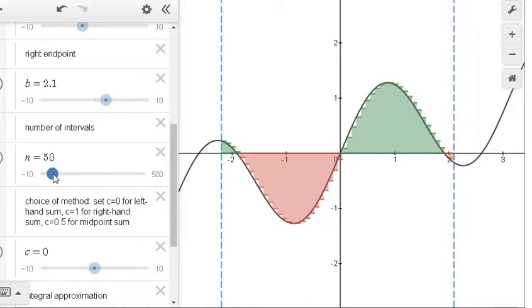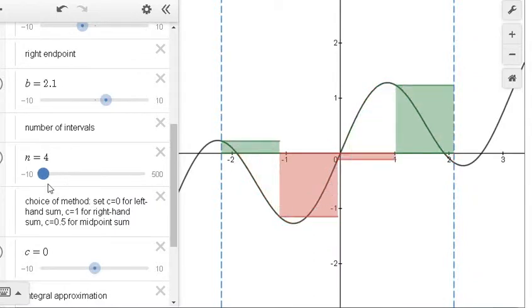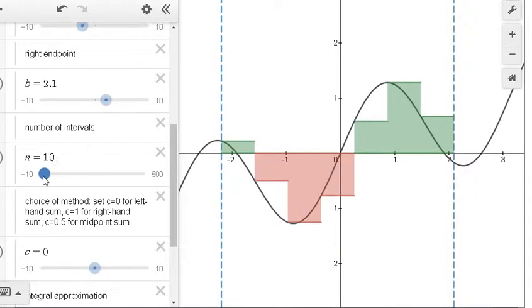And let's go to extremes. So this is 50 rectangles. What if I did 100 or 200, all the way up to 500? Eventually, those rectangles get really, really narrow, and the area that they represent cumulatively gets closer and closer to the true area between the curve and the x-axis. And that's what we want to happen. So let's see it again. You start out with very few rectangles, and you start increasing.